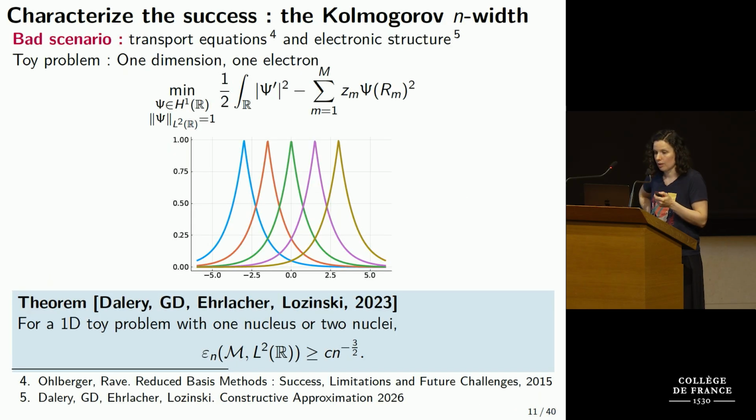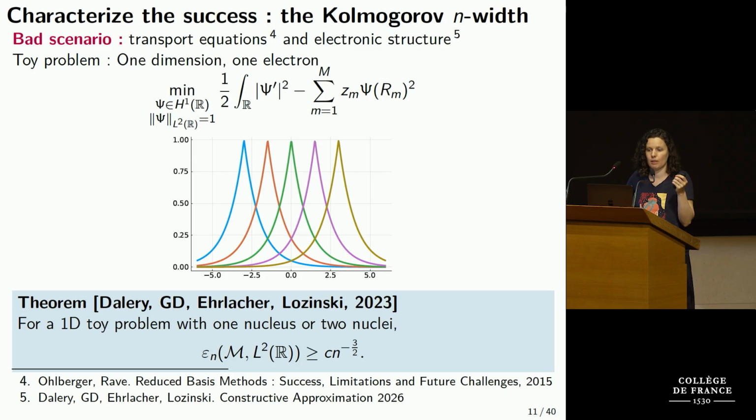But for our problem, this is not the case. We are closer to what happens for transport equations, where we know that the Kolmogorov n-width decays like n to the minus 1/2. In fact, what we showed is that for this toy problem, which corresponds to the Schrödinger equation in 1D with just one electron and replacing the Coulomb potential by Dirac delta potentials, this is how the solutions look when we only have a single nucleus.